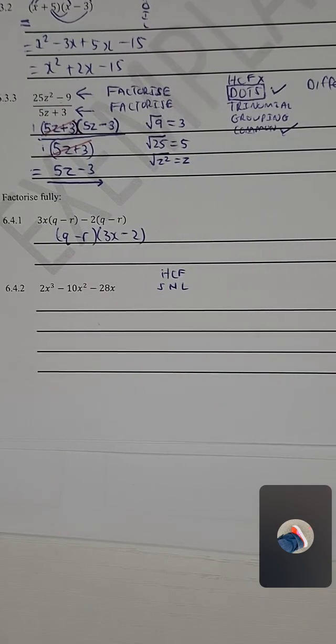Then we look for the variable with the smallest exponent, and we put it outside the bracket with the highest common factor. Then the answers that we got while dividing the expression by the highest common factor, we put inside the bracket. Okay, so let's go.